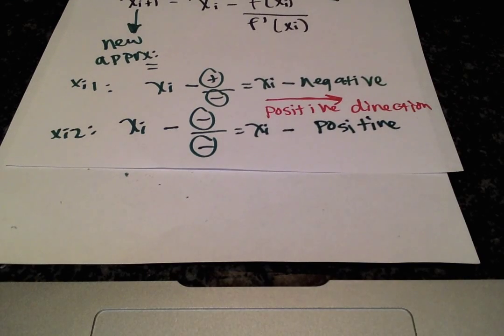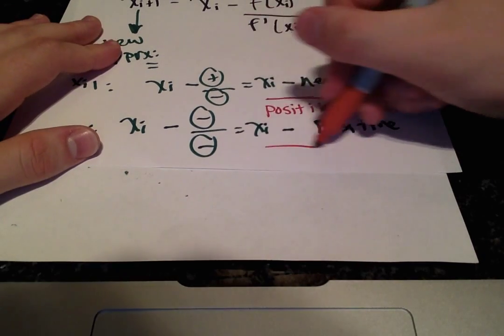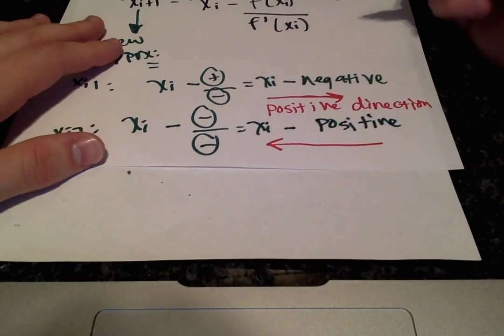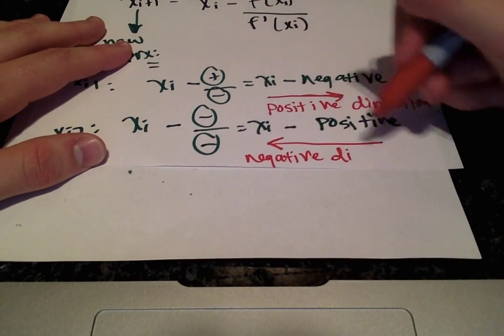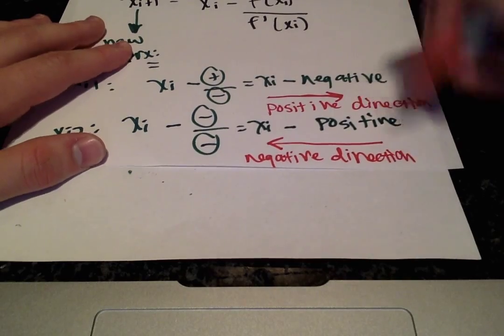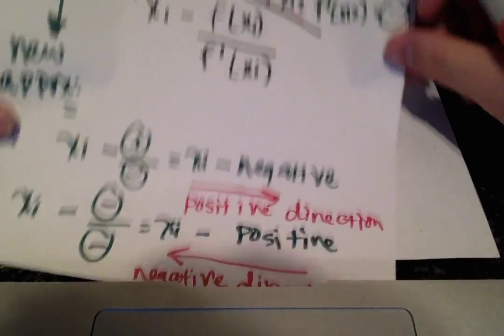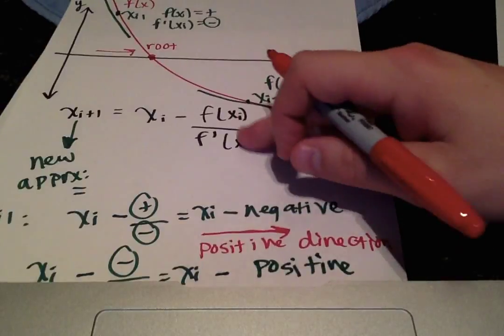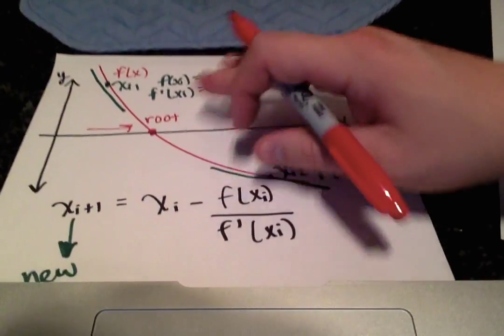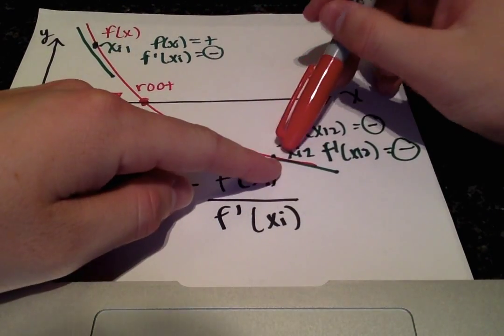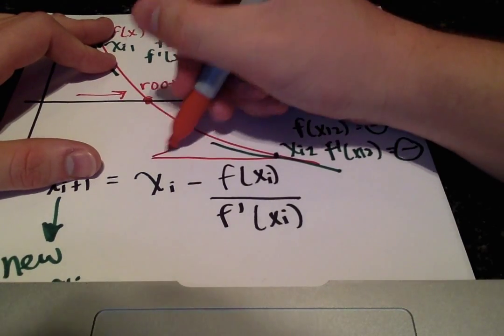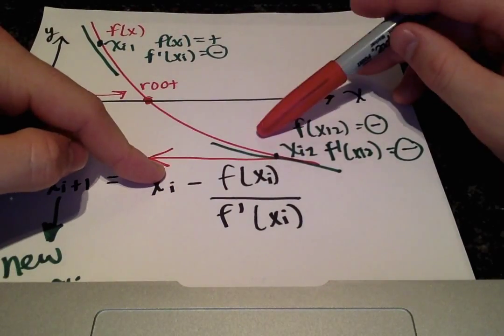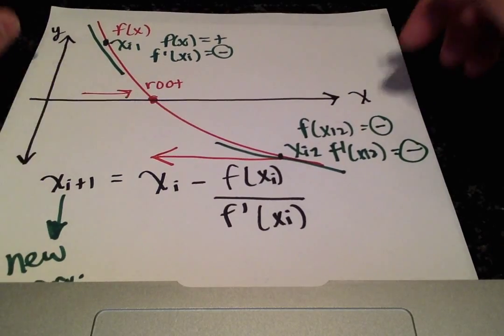If you're subtracting a positive value, you will get movement in the negative direction. So this should make sense. If we start at x sub i2, a point on the right-hand side of our root, we should get movement in the negative x direction to get closer and closer to our root.